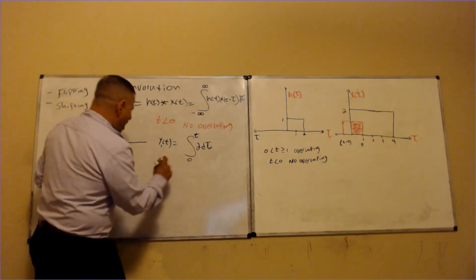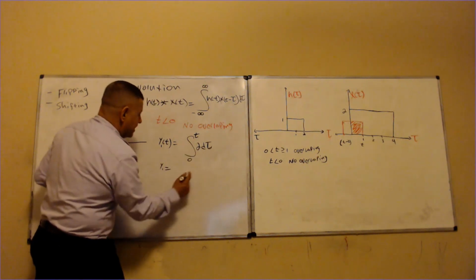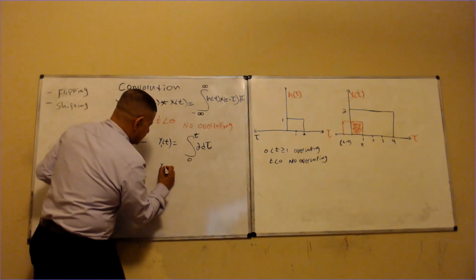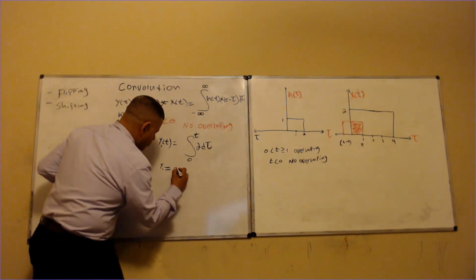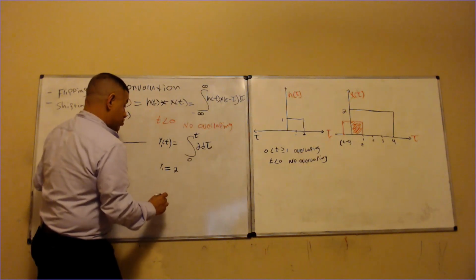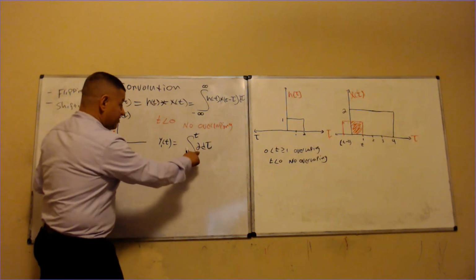So y1 in this case is going to be the integral of that, which is nothing but 2 tau, the integral with respect to tau.